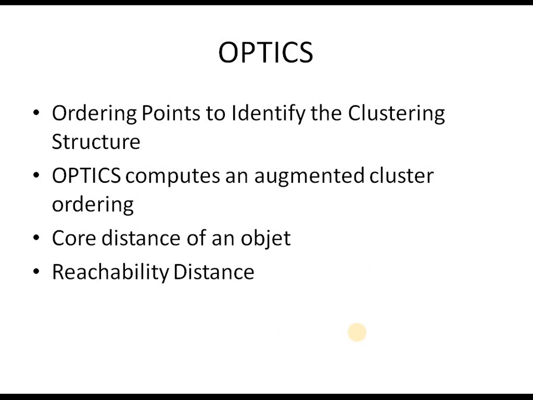To overcome this difficulty, a cluster analysis method called OPTICS was proposed. Rather than produce a data set clustering explicitly, OPTICS computes an augmented cluster ordering for automatic and interactive cluster analysis. This ordering represents the density-based clustering structure of the data.